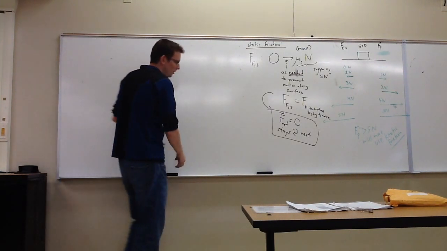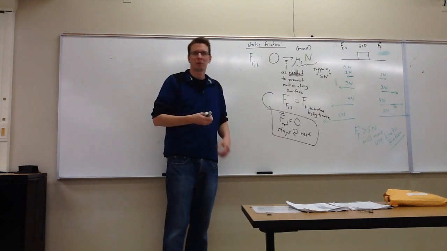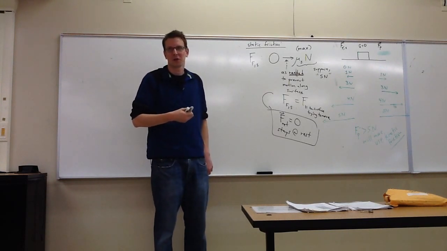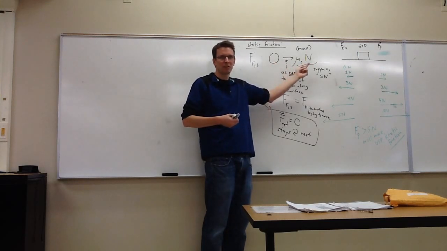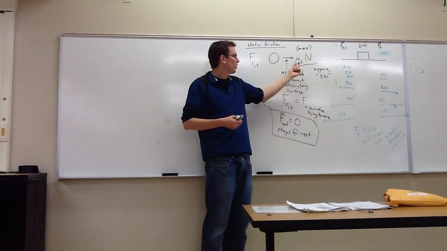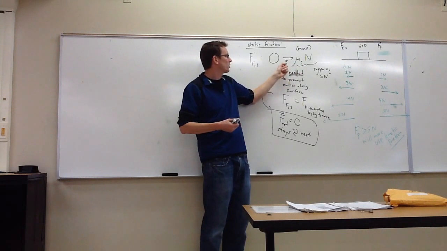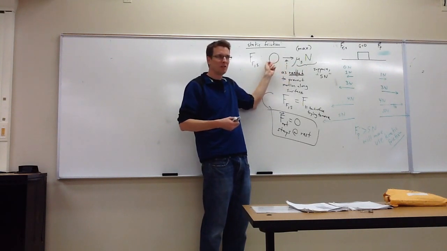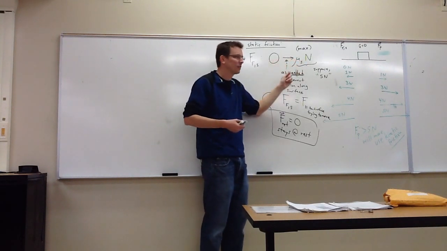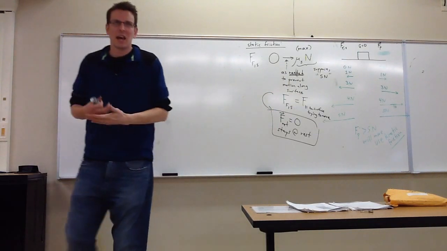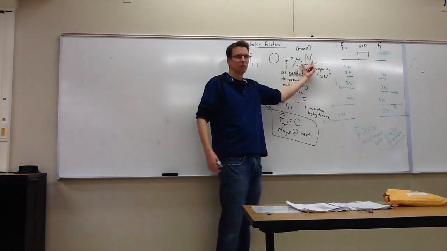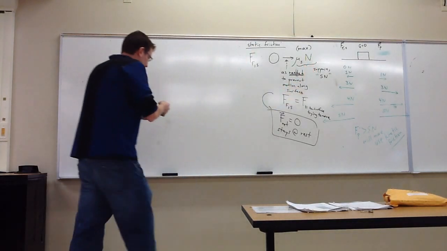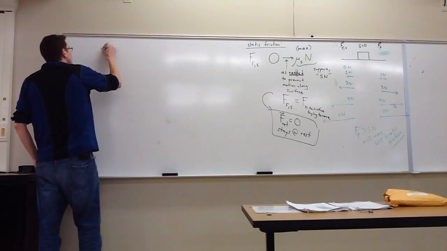And I should mention that there are several problems on the homework which are meant to make you fully realize what this statement implies, where you will be asked to find the force of friction, and it's somewhere between 0 and the maximum as needed. To really hammer that point home, to try to prevent you from always plugging in this value when it's not warranted. Okay? So let's do my example.